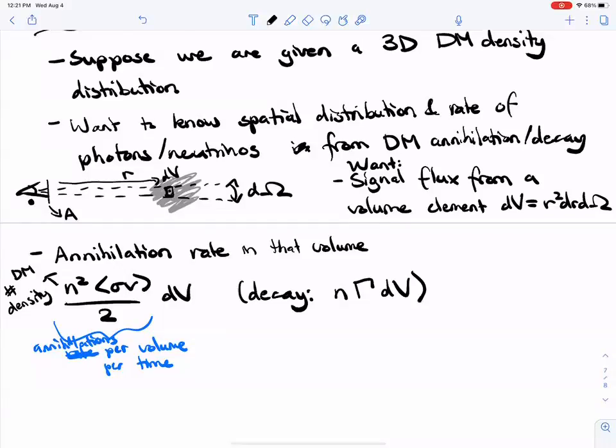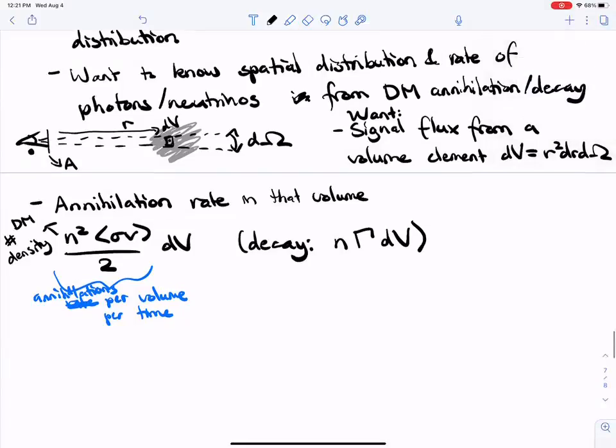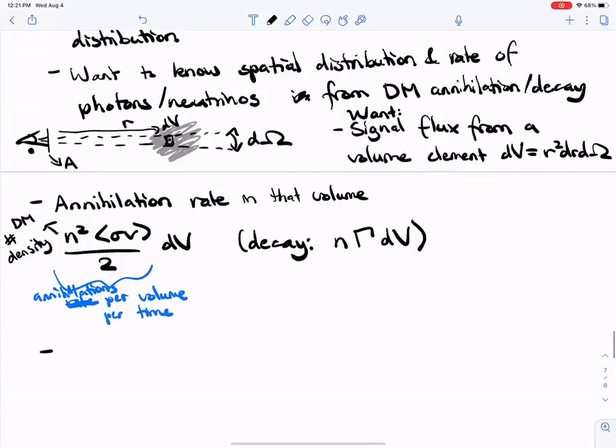Okay, so one thing we need to know is how many photons or neutrinos each annihilation or decay is going to produce. The particle physics of our problem will tell you that. That was our step one, the spectrum of photons and neutrinos or other particles produced per annihilation.